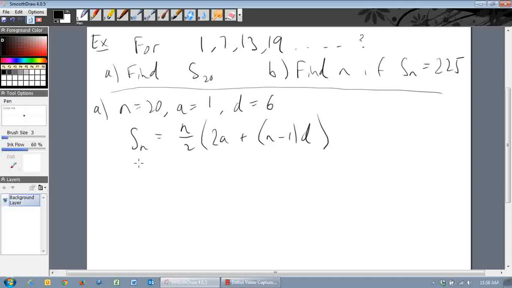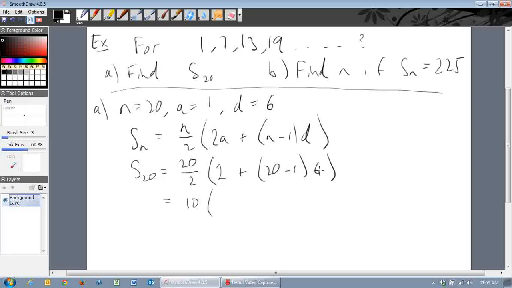Easy. So we want S20. So S20 is equal to 20 over 2 times 2a plus n minus 1 times d, which is 6. I'll just do it for you because I'm nice. Okay, so all we need to do is evaluate that. That's equal to 10 times 2 plus 19 times 6. Why do I choose such horrible numbers?